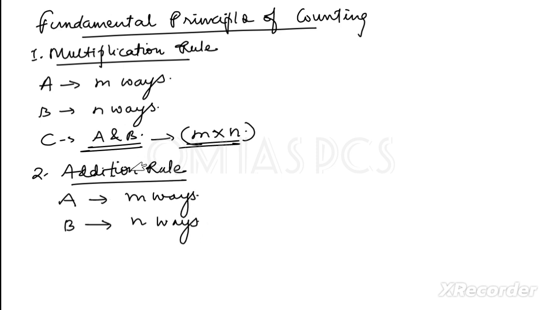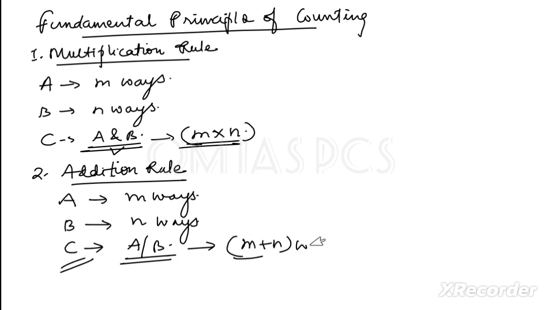C is a work which can be done when either A or B is done. Before I was saying that when A and B are done, then C is done. Here I am saying C is done when A or B is done. In that case C can be done in m plus n ways. So this will be your multiplication and addition rule. Got it?